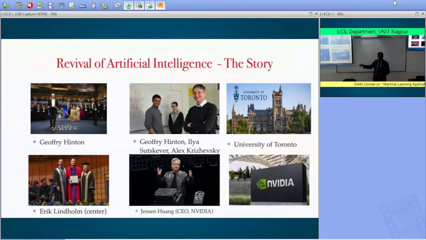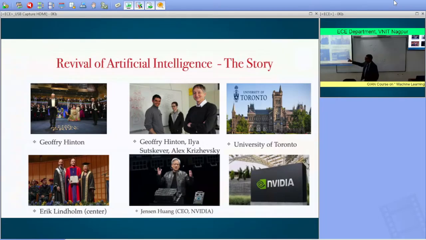That was a major breakthrough. They published their paper in 2012, and those neural networks are called deep neural networks, also called deep learning. They're all from University of Toronto, which is also in Canada. And that's why I was telling you that Canada played a really important role in the revival of interest in artificial intelligence.